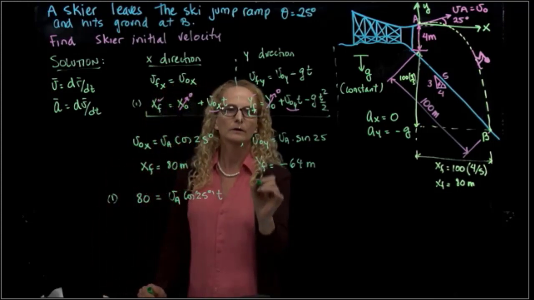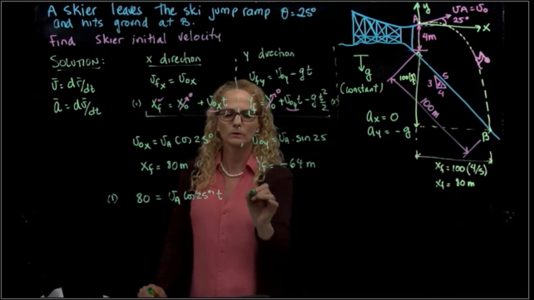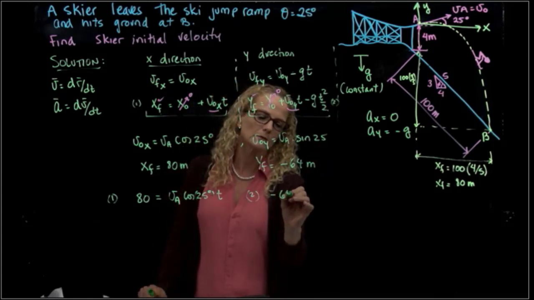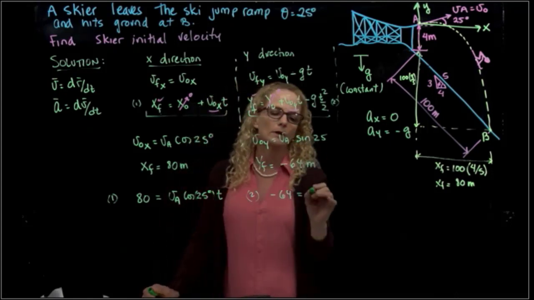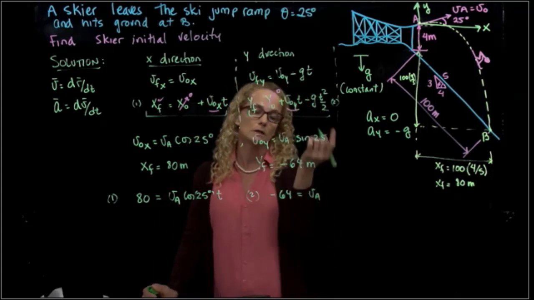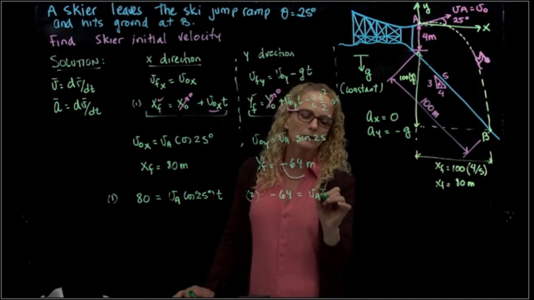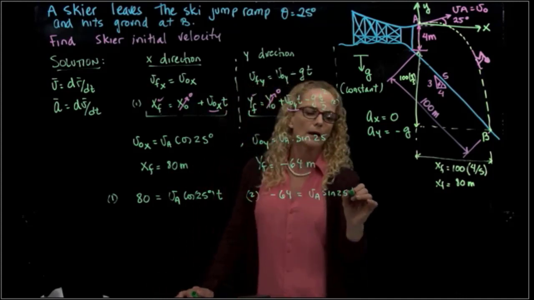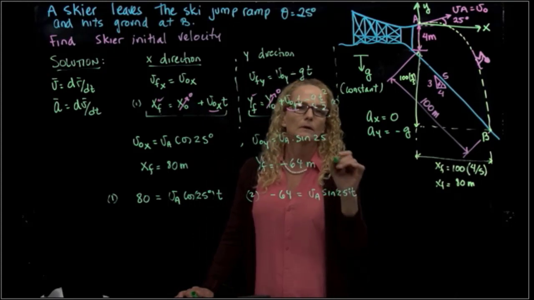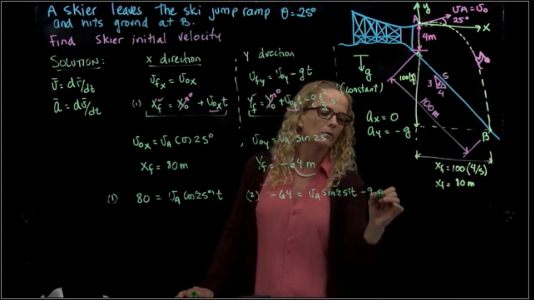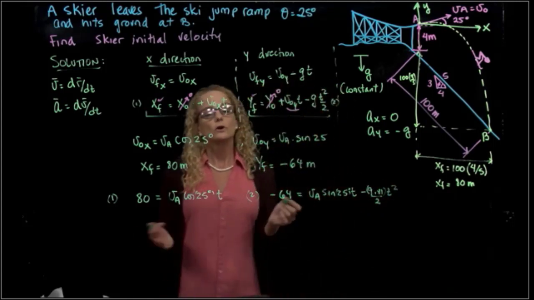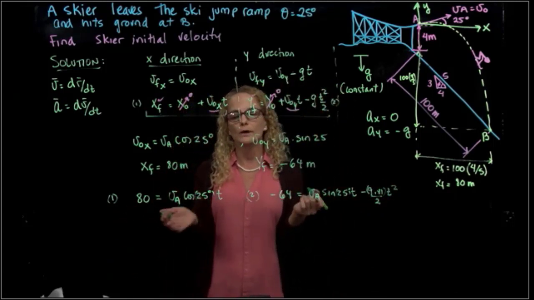And the other equation, my equation number 2, I have final position, which is negative 64, equals velocity at A, which is the unknown, sine of 25 times t minus 9.81 over 2 t squared.